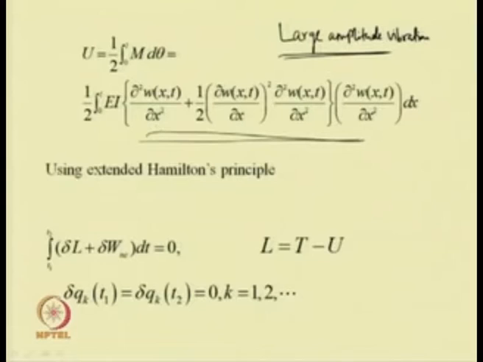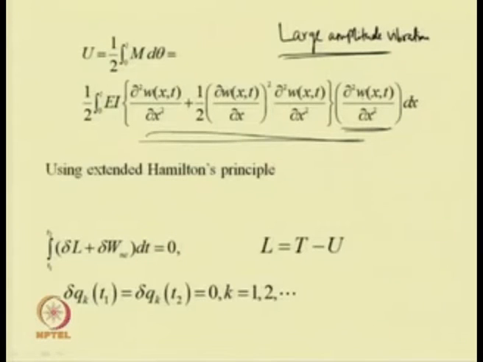M equals del square w by del x square plus half del w by del x whole square into del square w by del x square, and d theta can be written in the same way as before, equal to del square w by del x square.